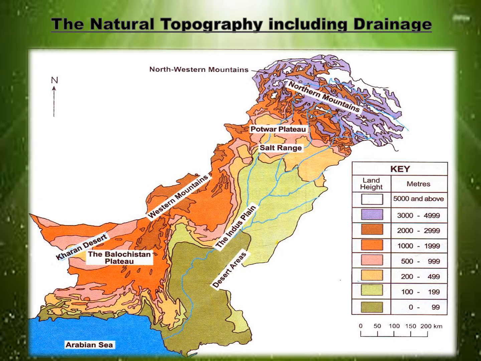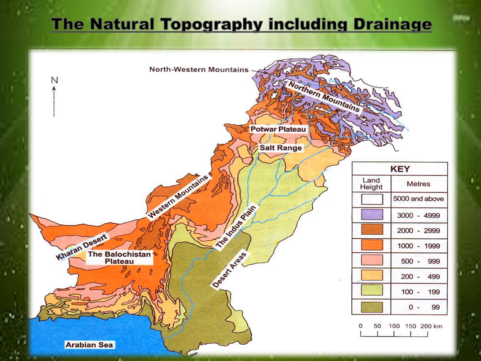Let's see the topographical areas on the map. Over here in the north you can see the northern mountains, then the northwestern mountains, then on the western side you can see the western mountains. We have the Balochistan Plateau, the Potwar Plateau over here, and the Salt Range near the Potwar Plateau. Then we have the Indus Plains.